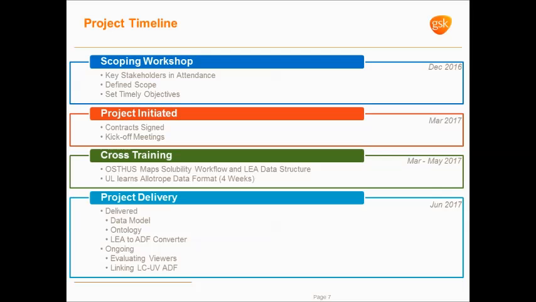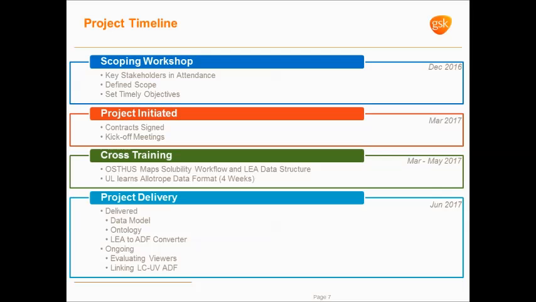It's just that when we get a new vendor trying to do something new, it takes some time to initiate the project. But once we had a meeting in March 2017, it only took about 3 months for Office to build the data model and ontology, and for Unchained Lab to create an ADF adapter to generate the ADF file that includes the solubility experiment.